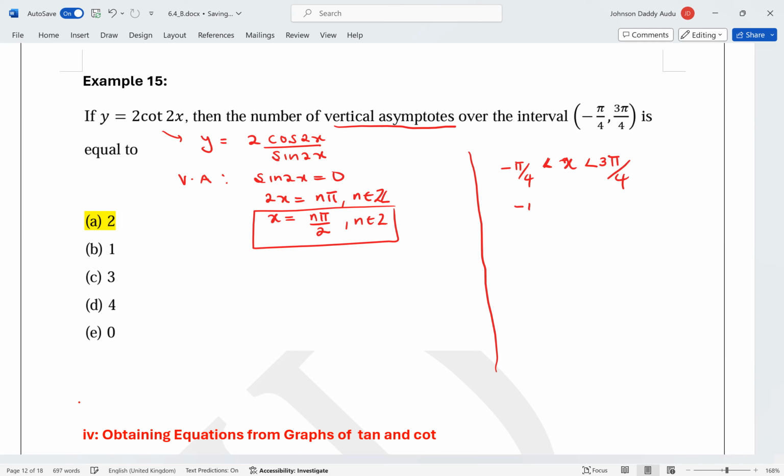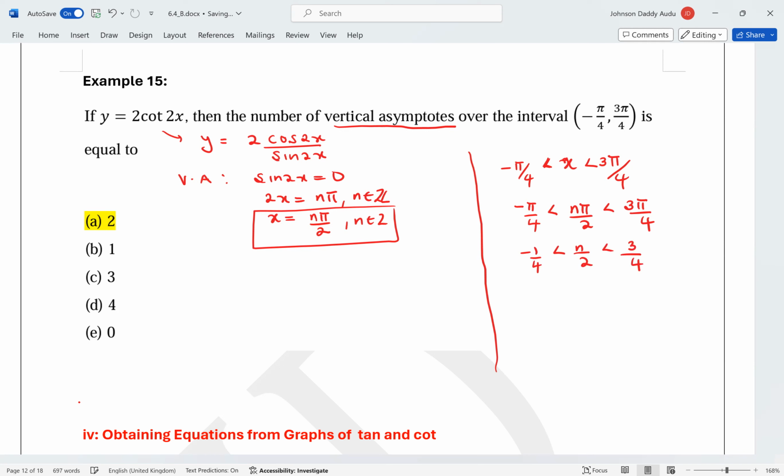So this is minus pi over 4 less than n pi over 2, which is less than 3 pi over 4. Clearly we can cancel pi from each side, so this will just be minus 1 over 4 less than n over 2 less than 3 over 4.